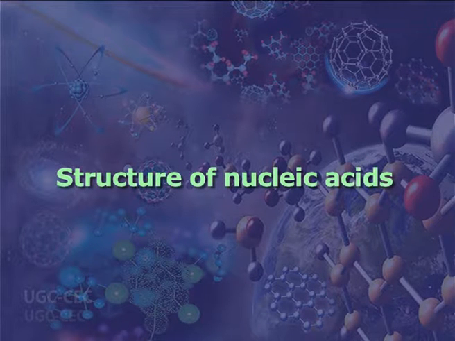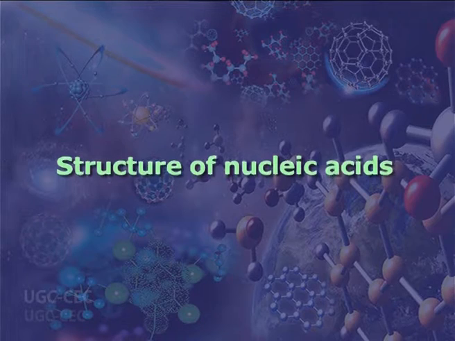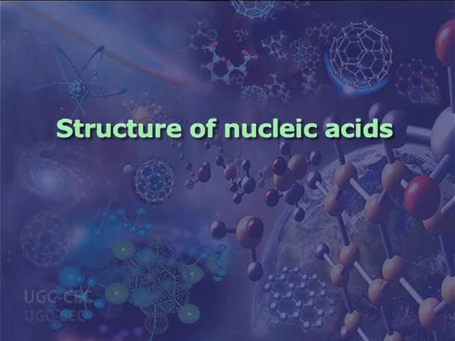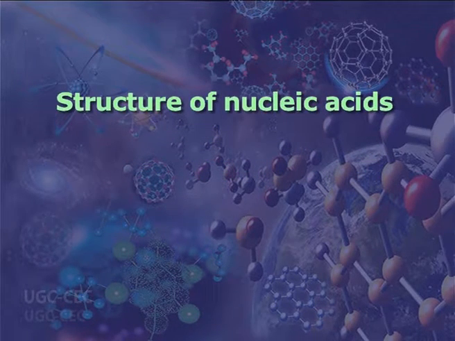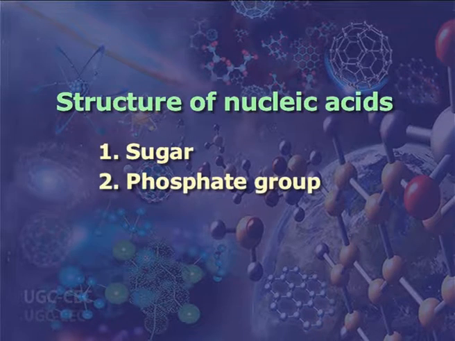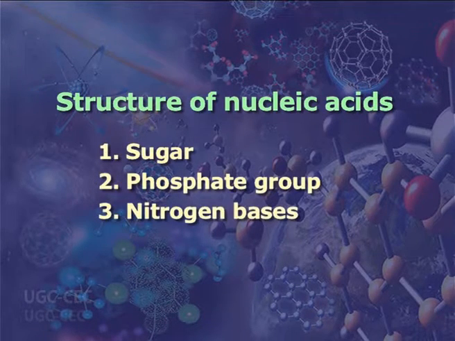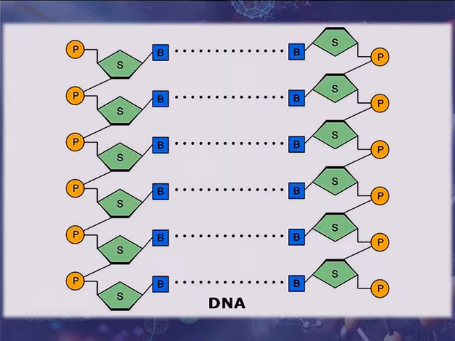Structure of nucleic acids. Each nucleotide consists of three smaller molecules. They are sugar, phosphate group and nitrogen base. In the figure on the screen, we see that the sugar of one nucleotide binds to the phosphate group of the next nucleotide.